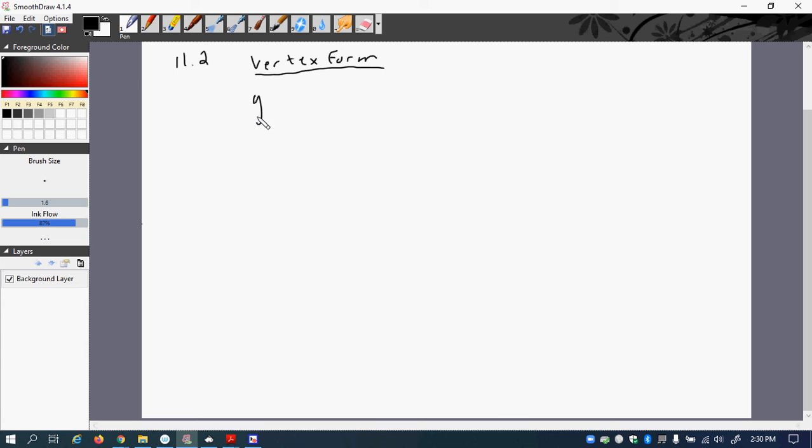So it looks somewhat like this: a(x plus or minus h) squared, plus or minus k, because it could be either plus or minus. And so now we have the final vertex formula going on here.